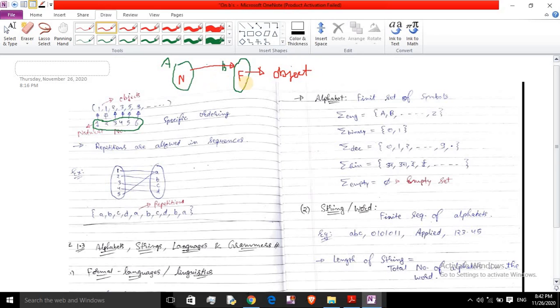So the natural number is mapped with the Fibonacci number. So this is the object. Repetition is allowed in sequences. Now look at this part. There is a word called repetitions.